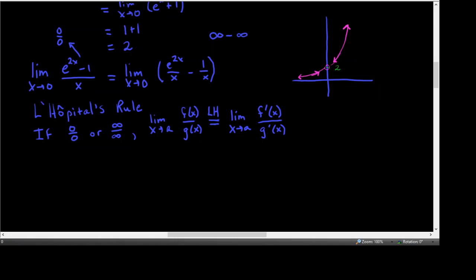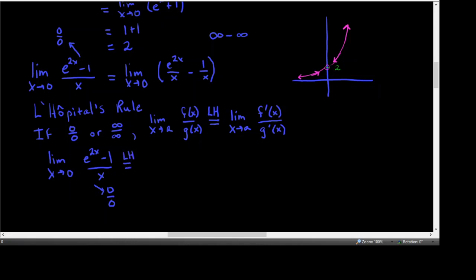And so if we go back to the problem that we just looked at, that was 0 over 0, when we tried to substitute in, so we know we're getting 0 over 0. So that means that it's eligible for Hopital's rule.